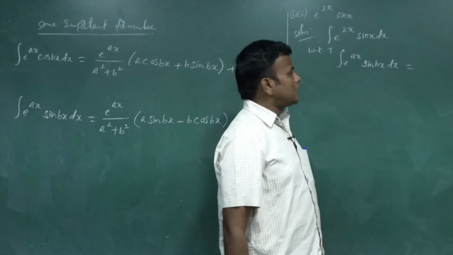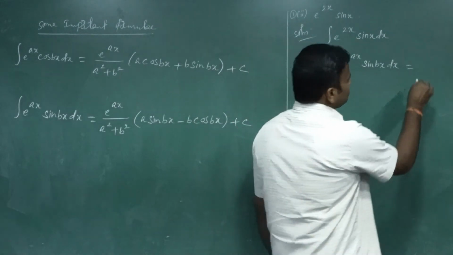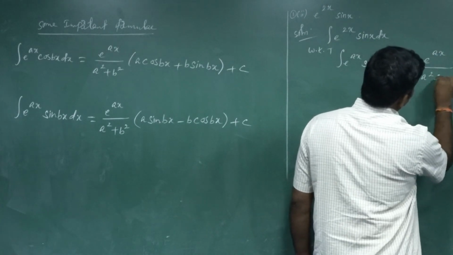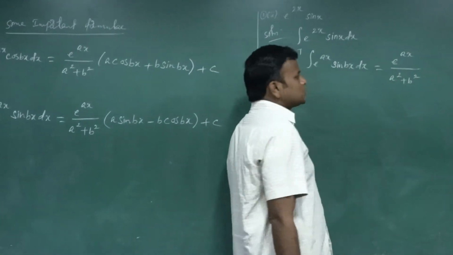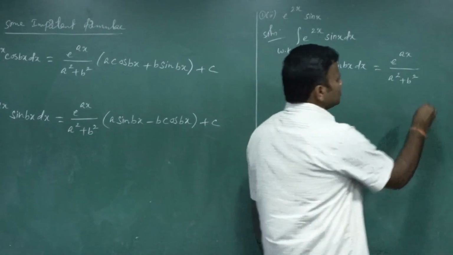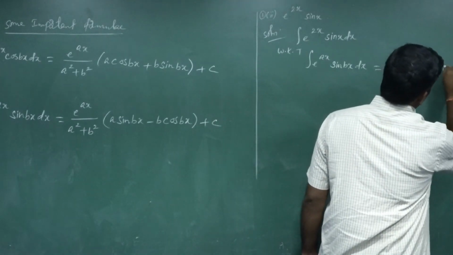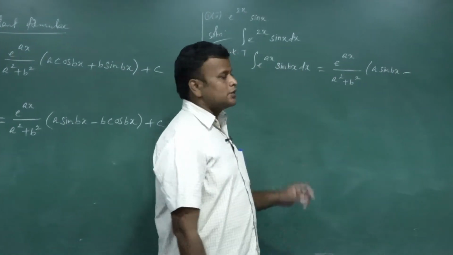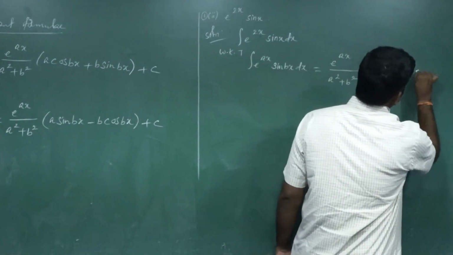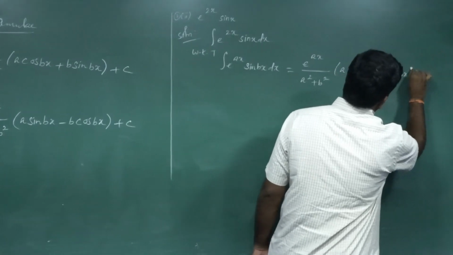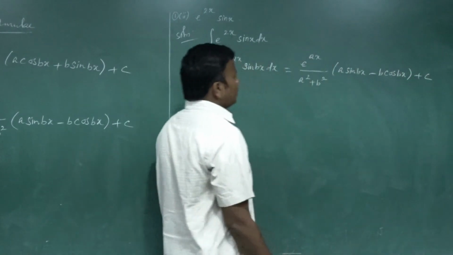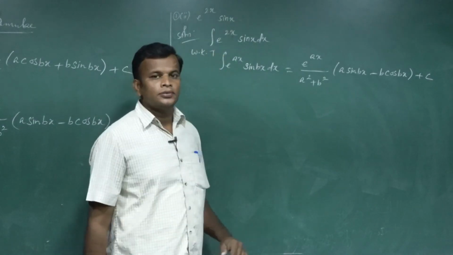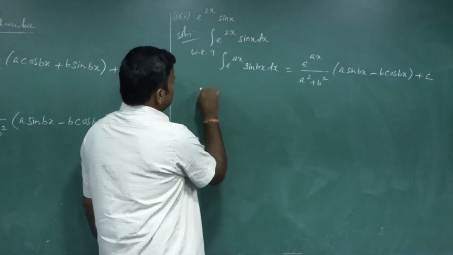The formula is e power ax divided by a square plus b square of a sin bx minus b cos bx plus c. Now we compare our formula to our given sum.